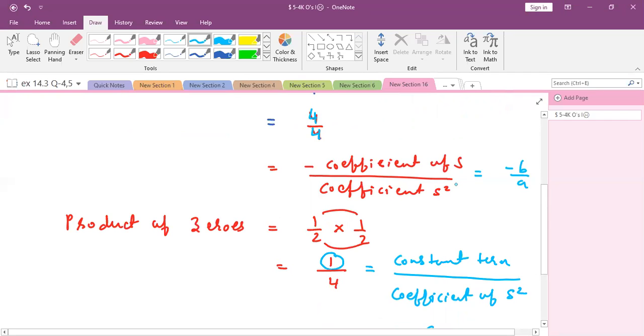So this is how we are going to find the zeros. First, we are going to factorize the middle term, and then find the zeros.